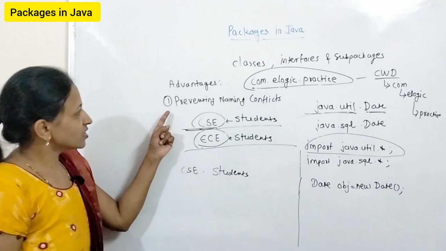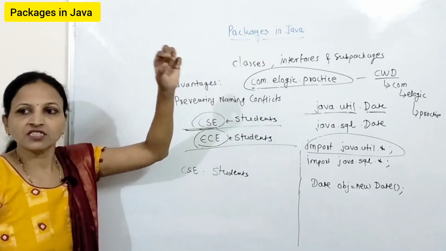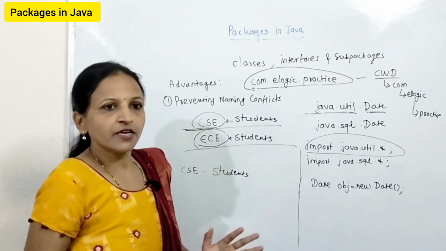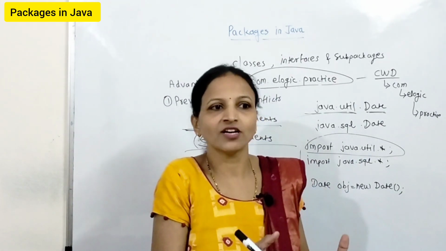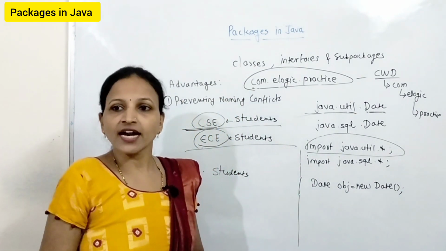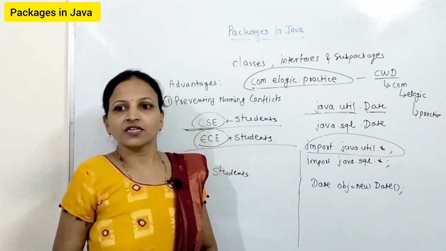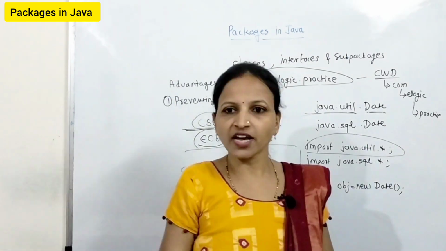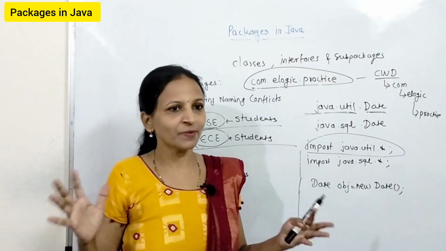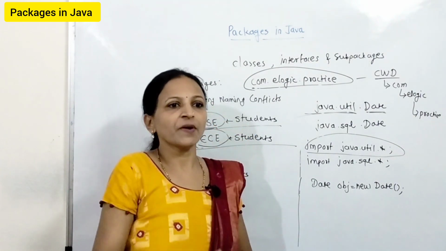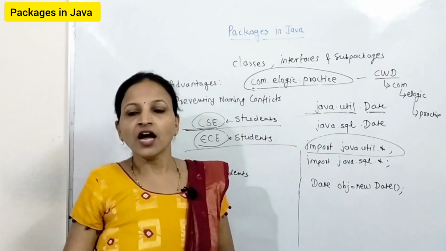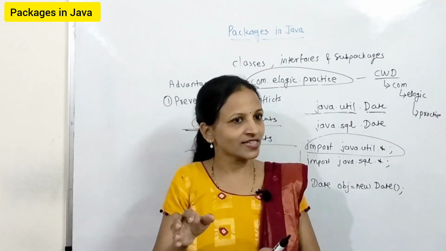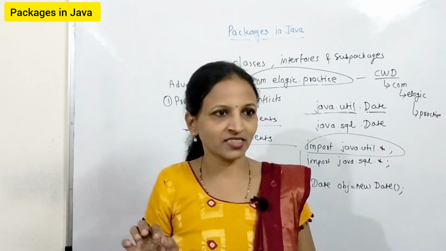Now the first point is preventing naming conflicts. Here we are just grouping similar kinds of classes inside one folder. Folder means one package. That's why maintainability will be automatically improved. Suppose I have already created one Java application with 5 user-defined packages. If I want to change any functionality, I can go inside that package and change it.